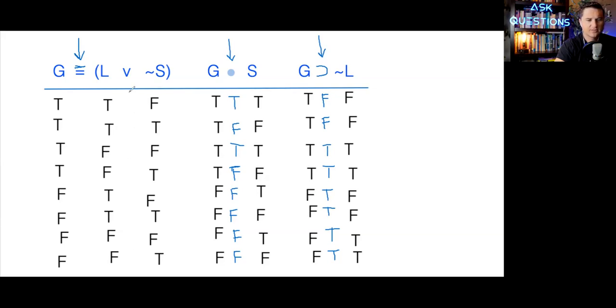Why don't we just do all the values here? So this is a wedge statement, which is usually true. The only way that this is going to be false is when both parts are false, which happens in row 3, right? This is row 1, 2, 3. Both parts are false here.